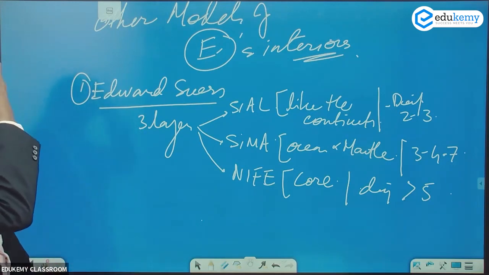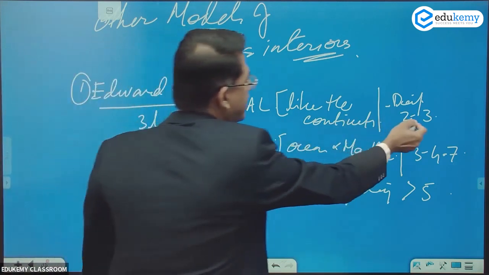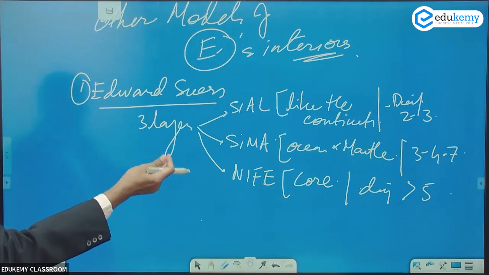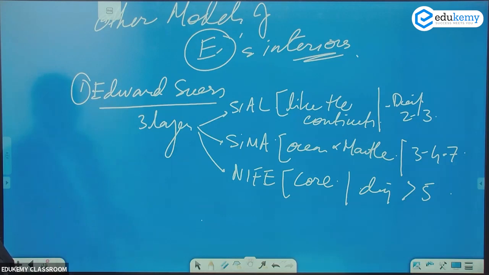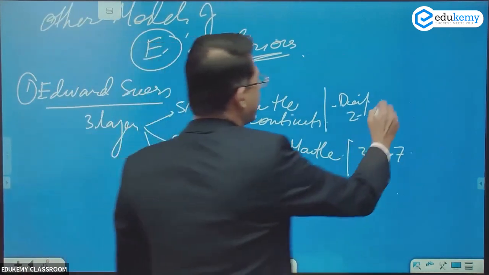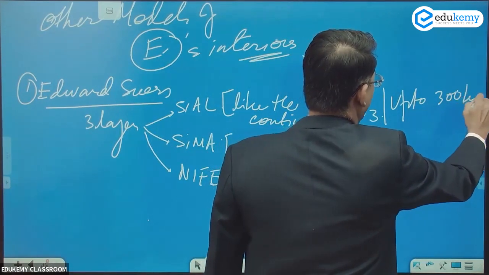The Sial is like the continents. This is the lightest layer. The Sima is the next layer, 3 to 4.7. He also gave us some numbers. He said the Sial is up to 300 kilometers.